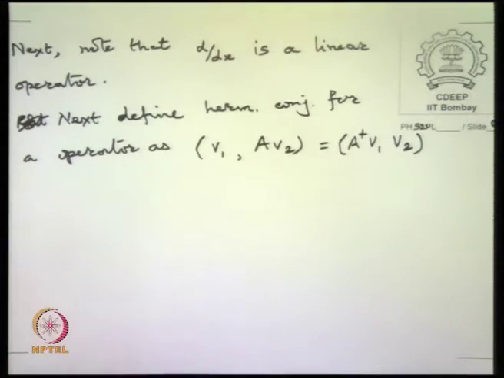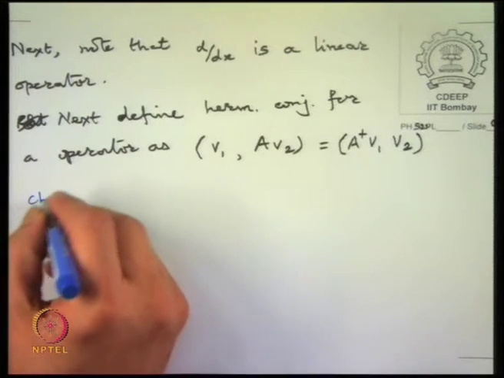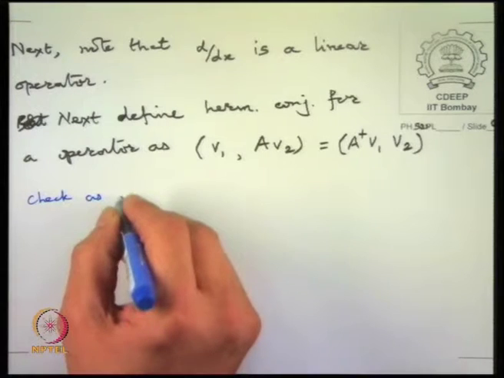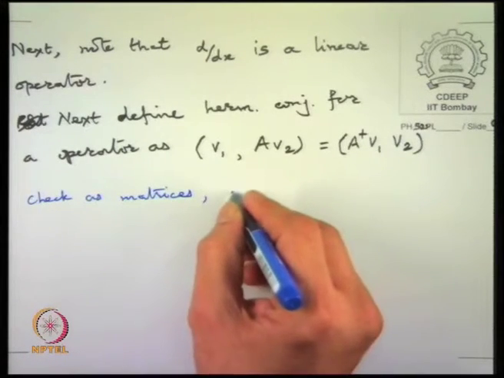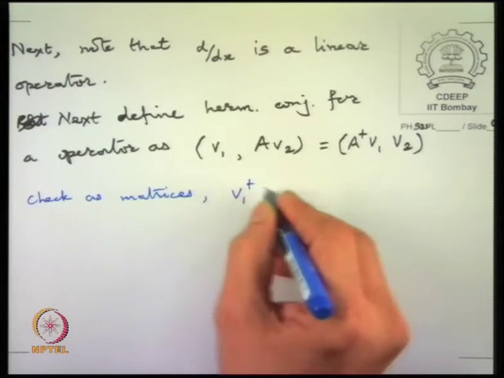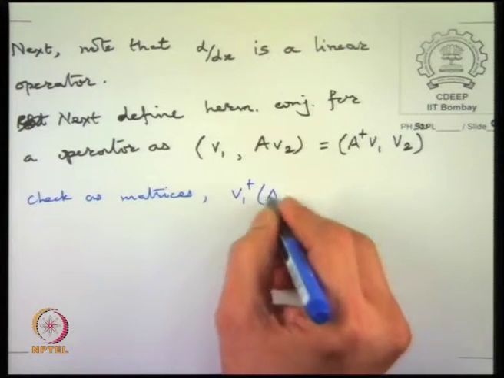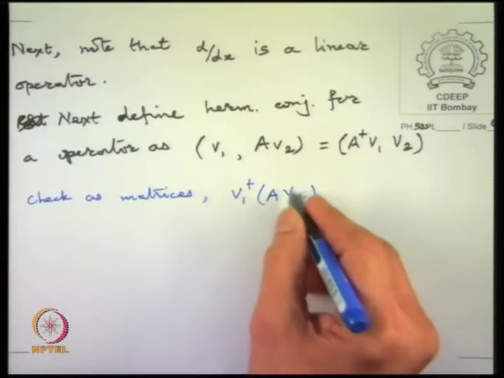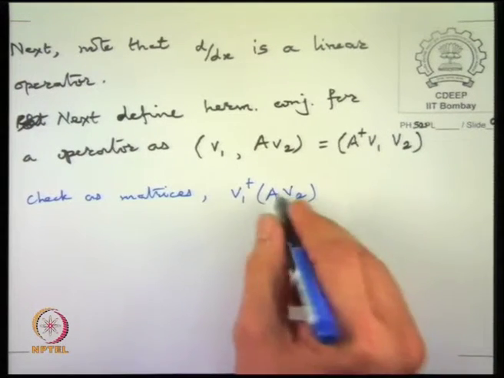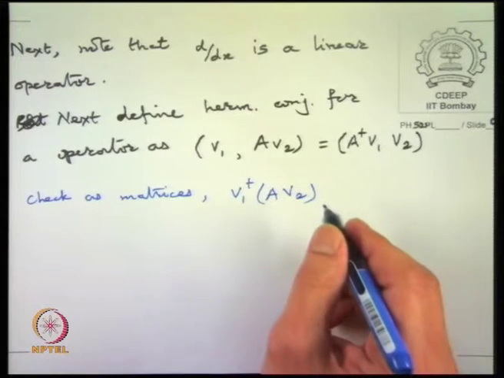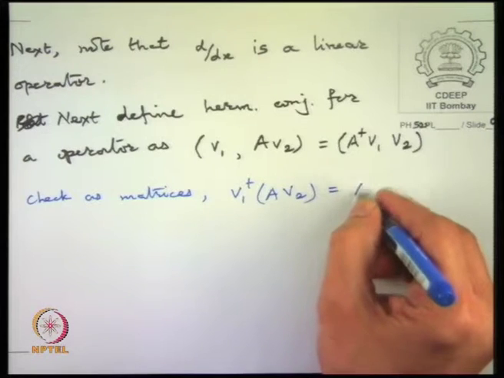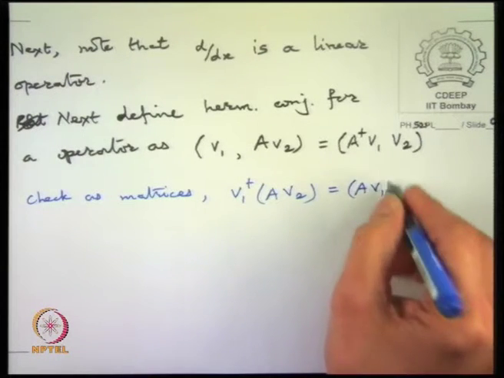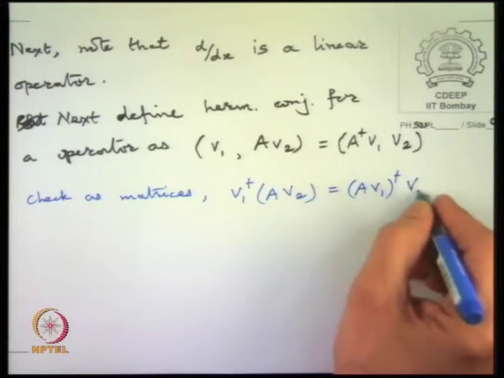So we can check this simply in matrix language. If I take V1 dagger and act on A V2, where V2 was a column vector, so A V2 is also a column vector, this should be equal to A dagger V1, dagger, acting on V2.